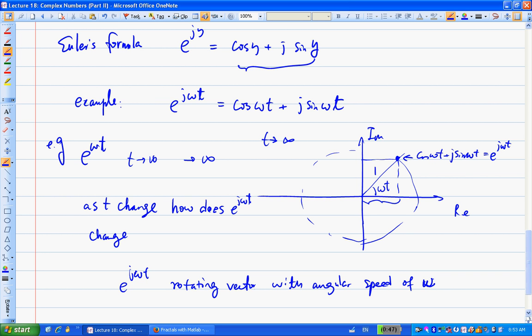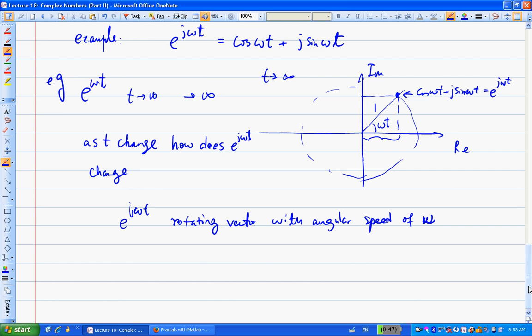Now, if you go into an electrical program or do some signal processing, you're going to see this quite frequently. This omega oftentimes represents the frequency component in the signal.